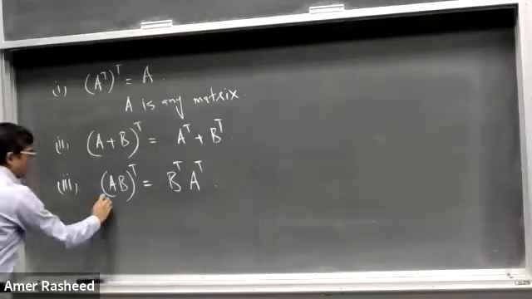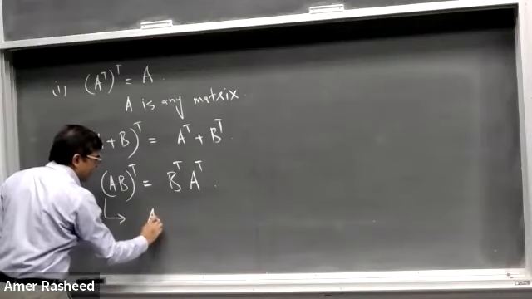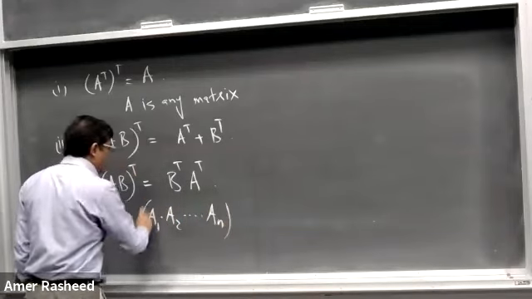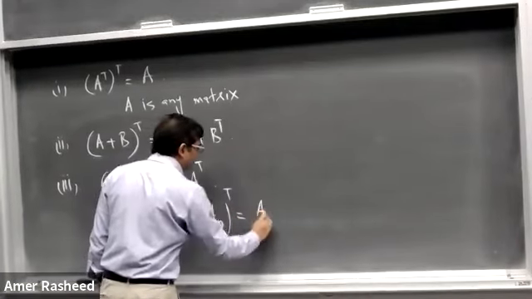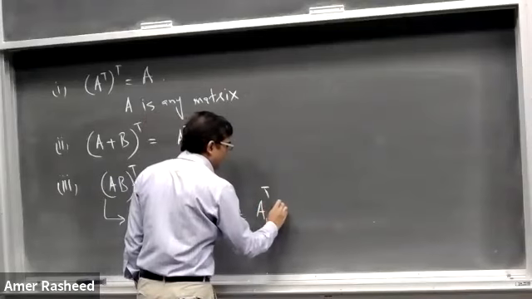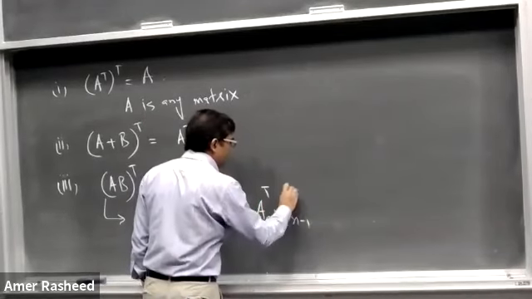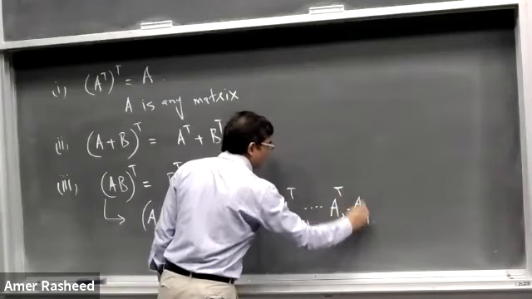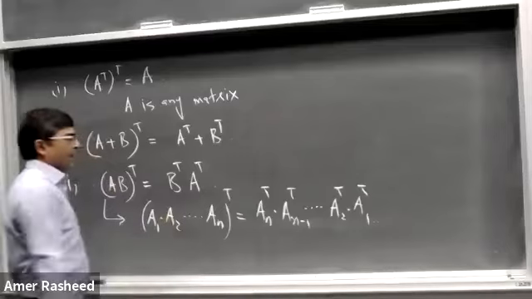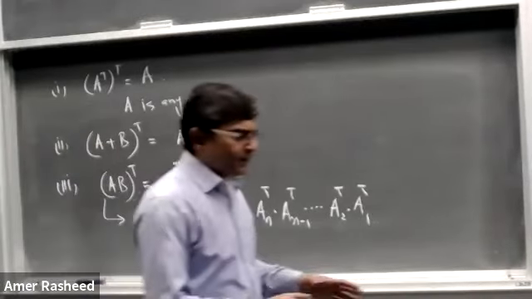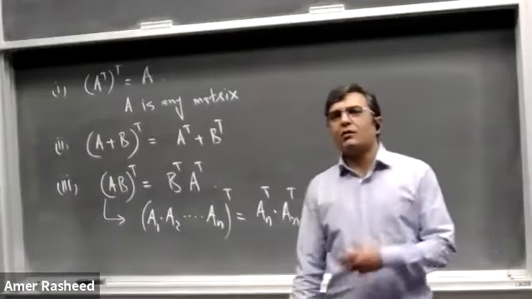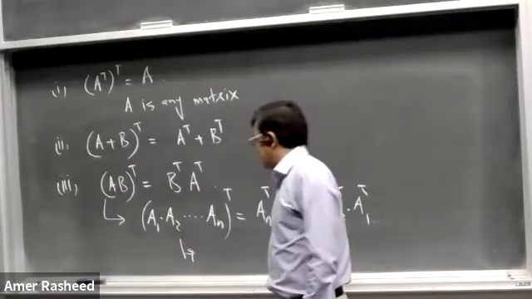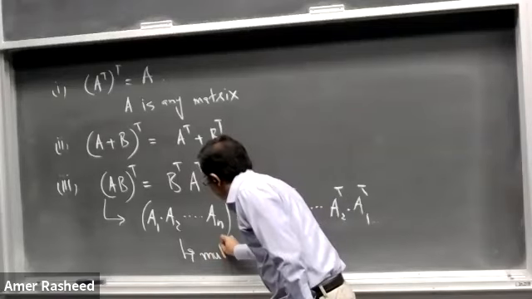We can generalize this property even for n matrices: (A1 into A2 into so on An) whole transpose is equal to An transpose, An minus 1 transpose, so on, A2 transpose, A1 transpose. Of course, there is no condition on the order or any other thing of the matrices, but these matrices should be multiplicable, their multiplication should be possible.